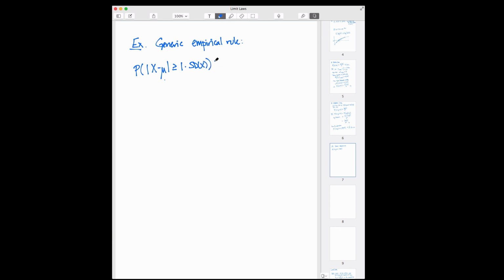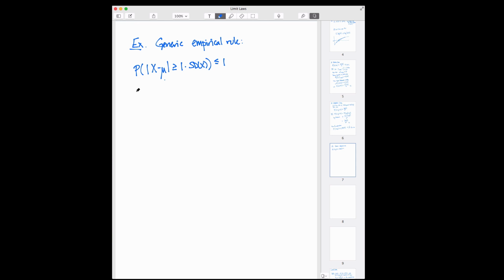Well, that's going to be less than or equal to 1, which isn't a very interesting result, because all this says is that the probability that x is at most 1 standard deviation away from its mean is at most 1. Well, all probabilities are at most 1, so that's not very interesting, but it'll give us crude bounds. They're not as specific because we're not assuming anything about the distributional shape for this random variable. So that's why they're going to be rather crude bounds.